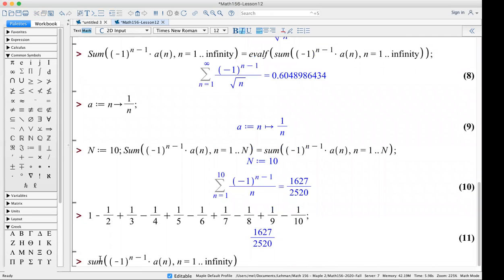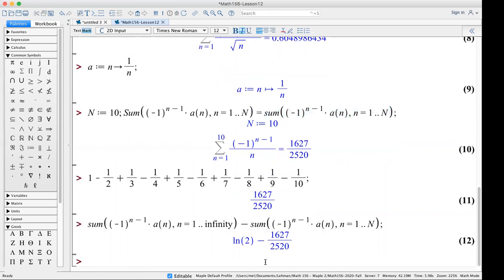So that's the infinite series minus this, which is the sum of the first 10 terms. What is that? Well, that's what it is. But let's try to know what it is exactly. Let's write it as a decimal.